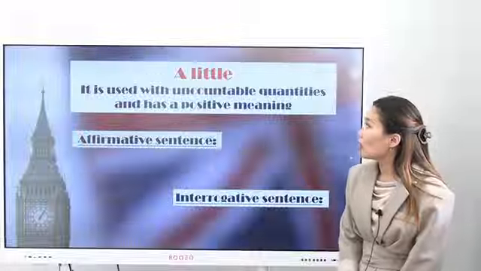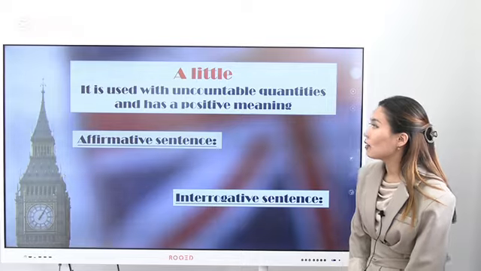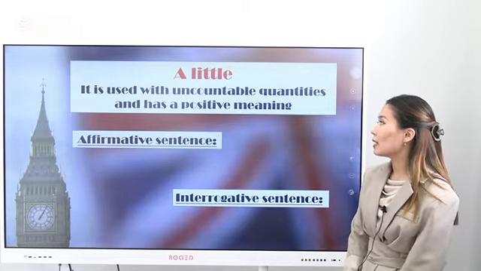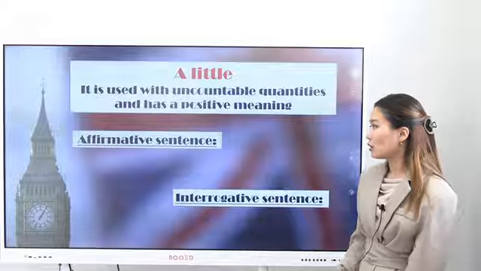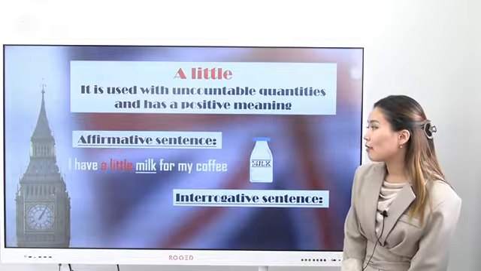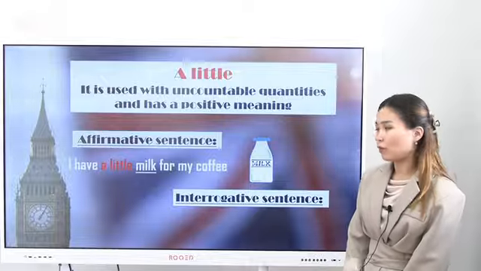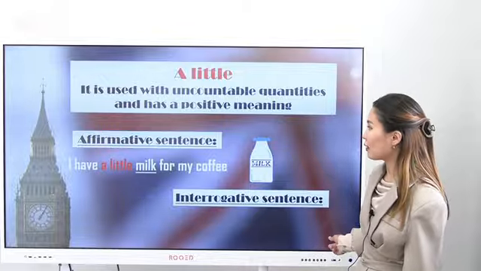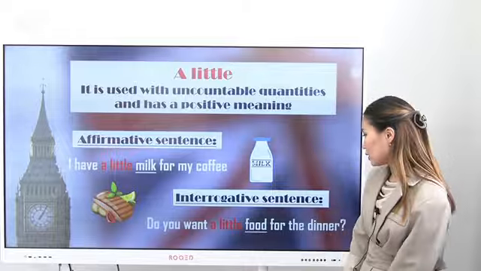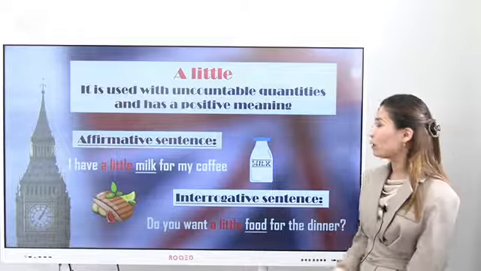The next quantifier is a little. It is used with uncountable nouns and has a positive meaning. The first example, affirmative sentence. I have a little milk for my coffee. The word milk is an uncountable noun. Next, do you want a little food for the dinner?